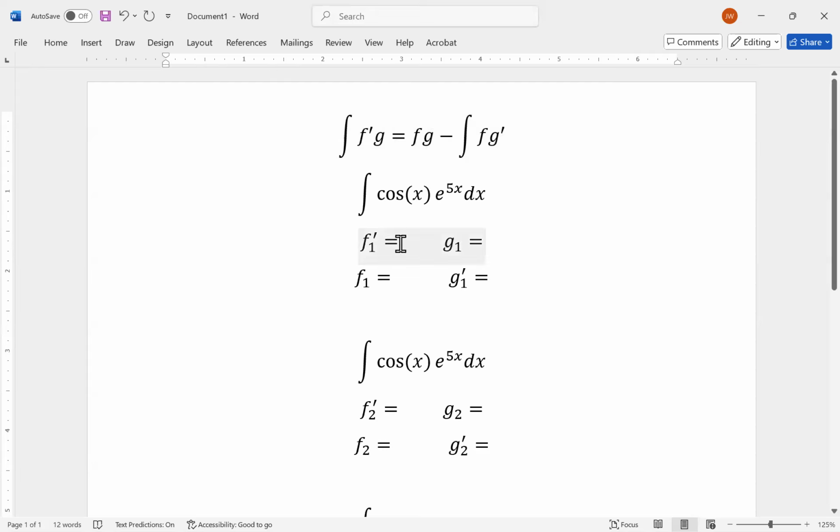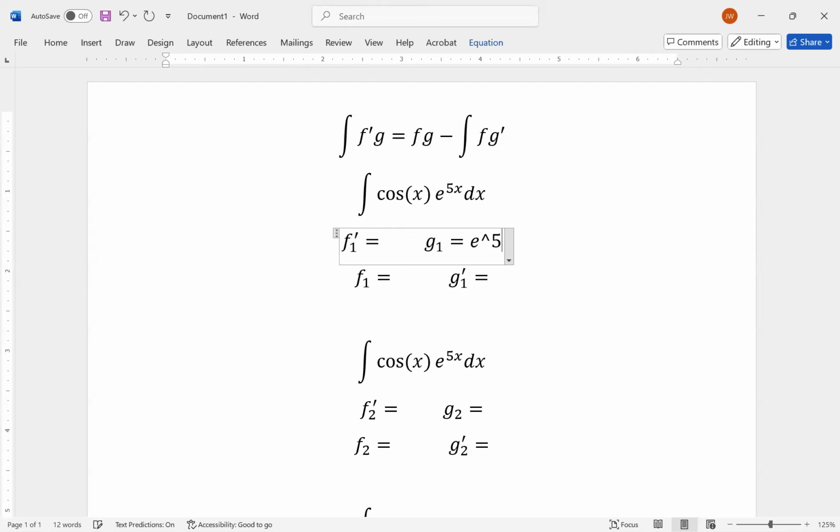We know that we're going to have a trig function times an exponential. We're going to have to do two integrations by parts and then do that algebraic technique of moving the integral over. So cosine of x times e to the 5x, it doesn't matter which one I put where. Last time I put the exponential as f prime, so this time I'll do it in reverse.